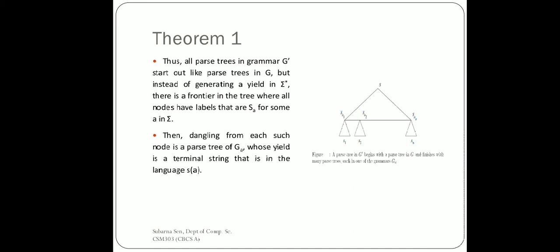Then dangling from each such node in a parse tree of G dashed, the yield is a terminal string that is in the language SA. How this has been generated, this first step, I think that is clear. So from S, instead of generating directly the strings that belong to sigma, we have used the substitution, right?